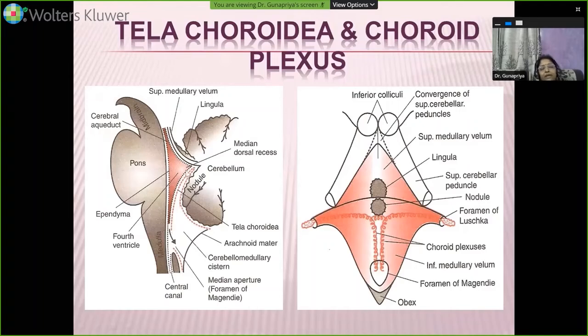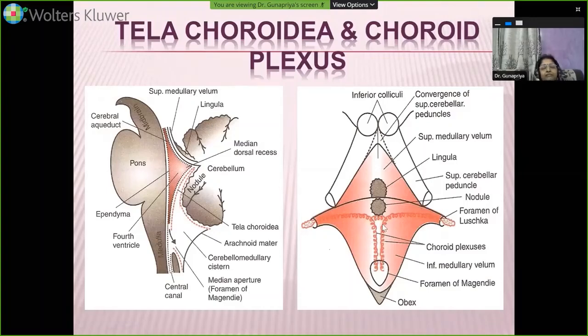So you find a double layered pia mater known as tela choroidea, and the choroid plexus being derived from the posterior inferior cerebellar artery, branches of the vertebral artery. This choroid plexus is nothing but a vascular capillary fringe seen in the form of the alphabet T. In the form of the alphabet T, the vertical limb of the T is a double layered fringe.